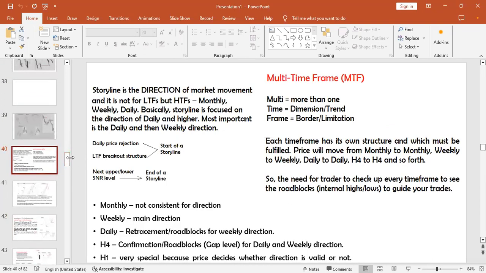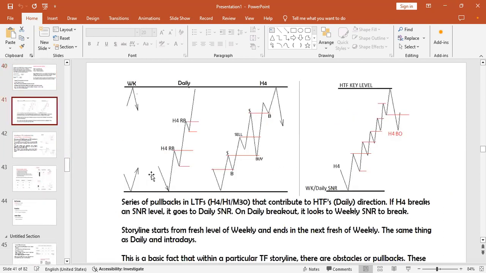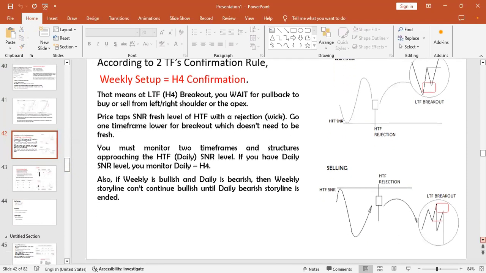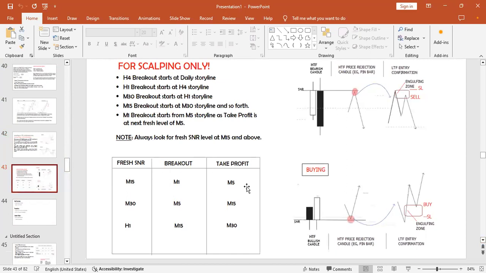So from here, this is the storyline, then how to confirm your setup. How to confirm your setup, what time frame to use for your setup, and what time frame to use for your breakout.